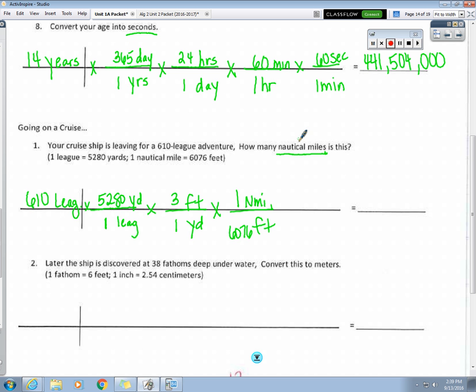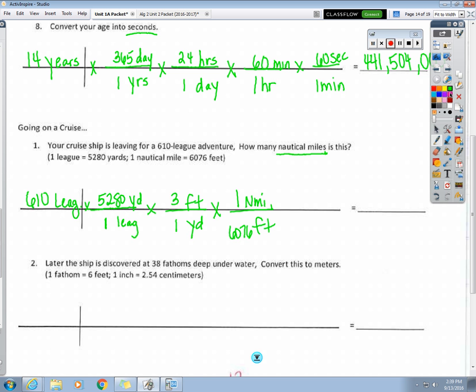Okay, now I've made it to the nautical miles, so I can cross out all the other units.